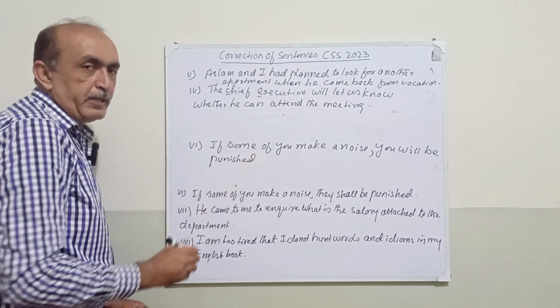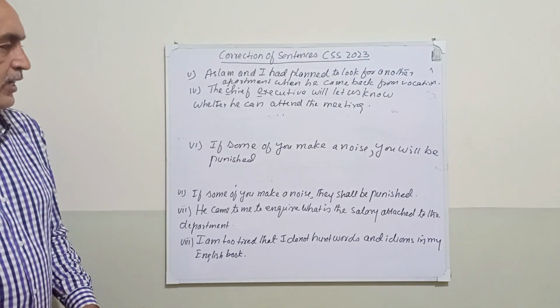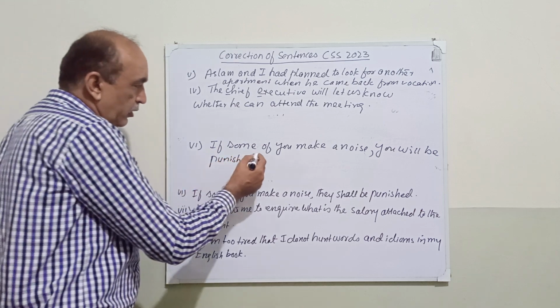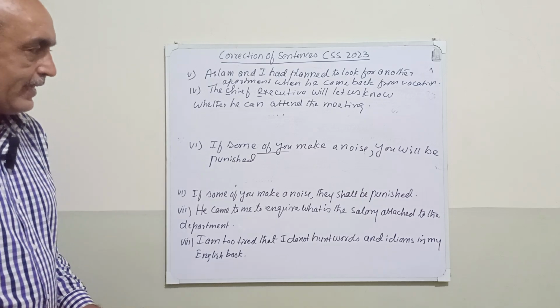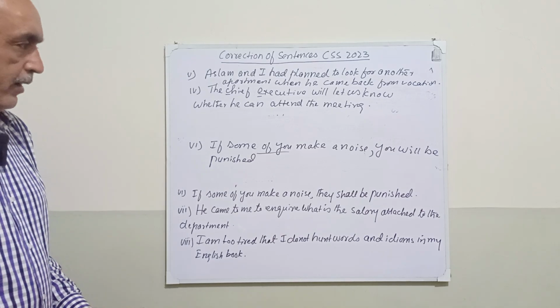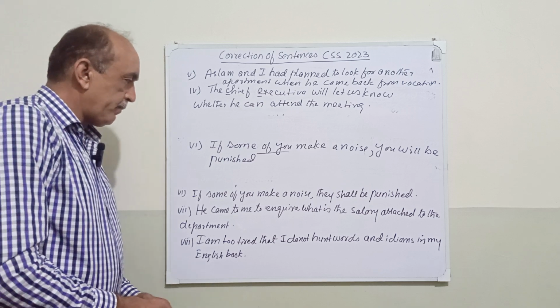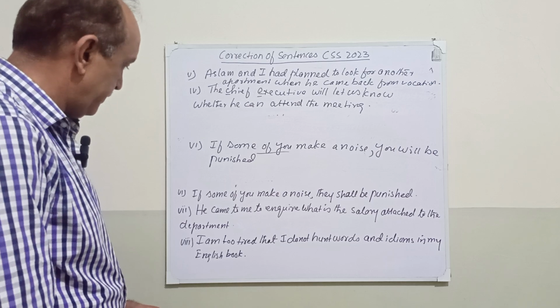Not "they will be punished." He is talking about you, he is not talking about they. And there should be "will be." If some of you make a noise, you will be punished.